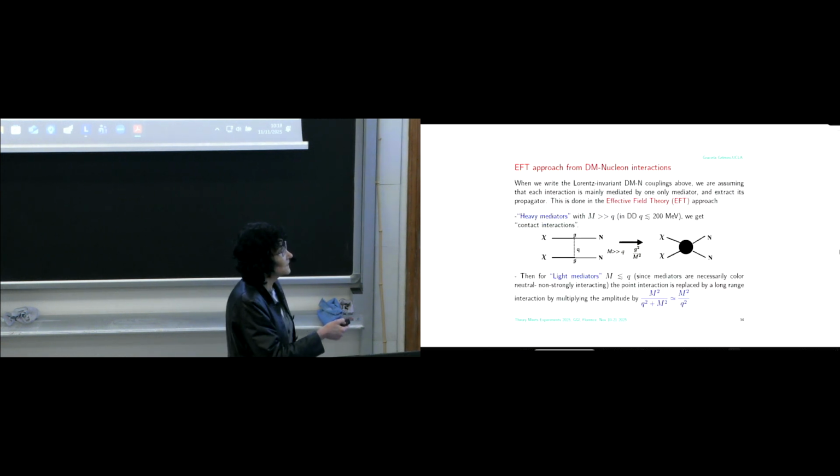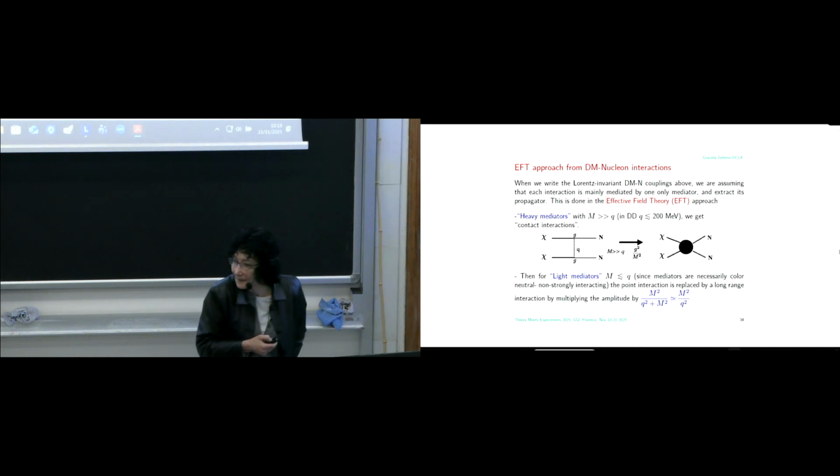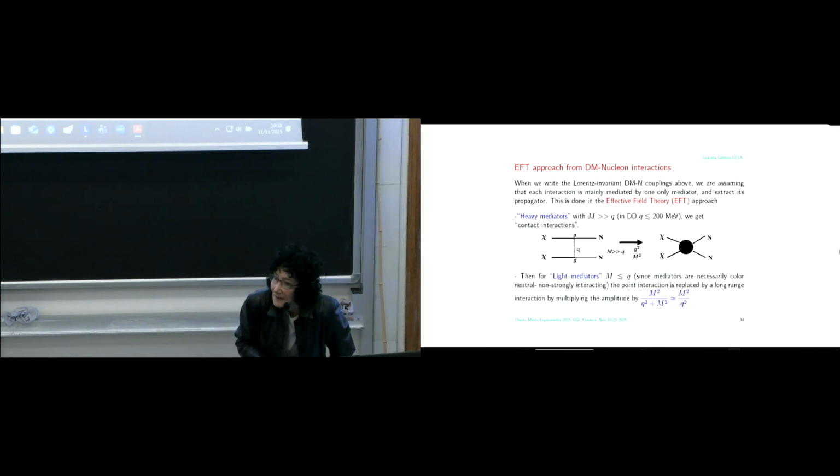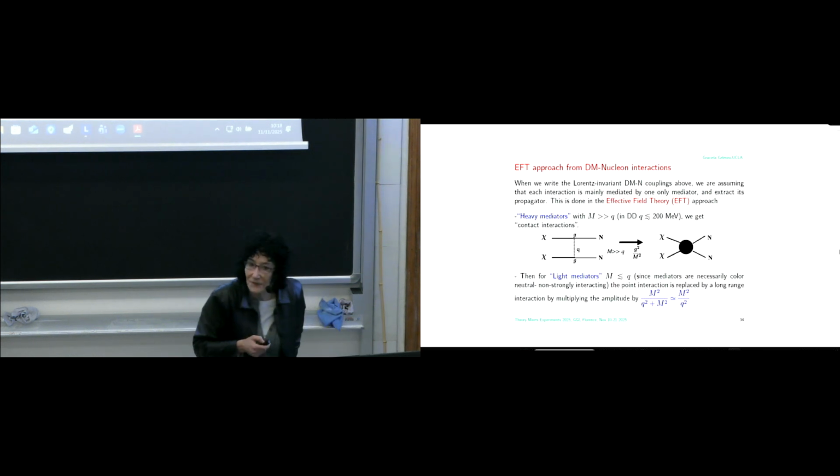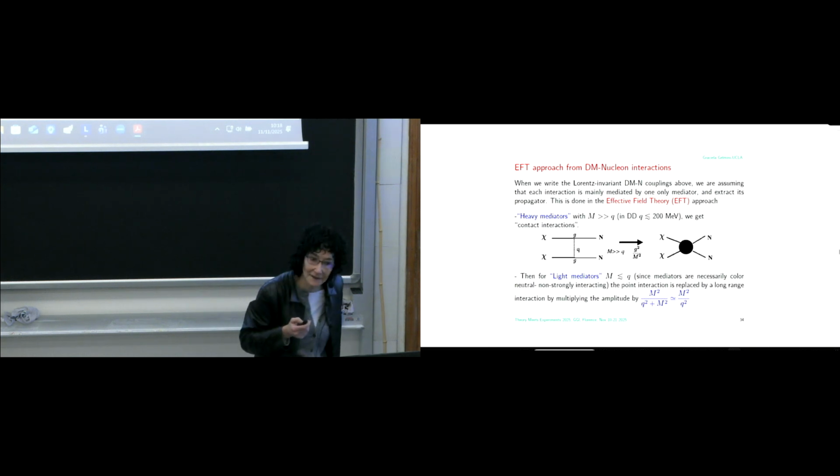Now, this I mentioned already. When you consider only the couplings, it's like having considered a heavy mediator, and then extracting the propagator becomes a constant. Now you say, well, but what if it is light?